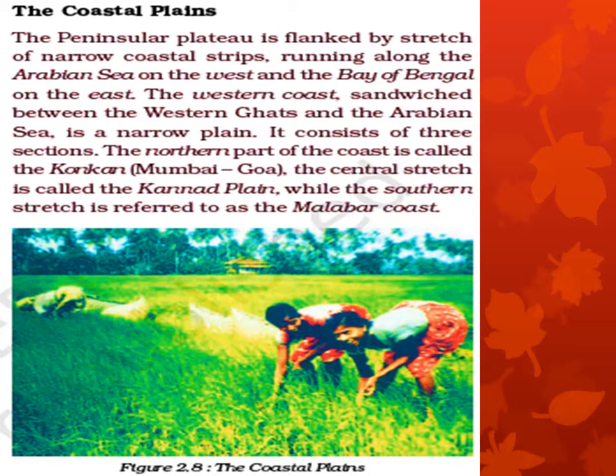The west coast is sandwiched between the Western Ghat and Arabian Sea in a narrow plain, and it consists of three sections. The northern part of the coast is called Konkan, which includes Mumbai and Goa. The central stretch is called the Kannad Plain, and the southern stretch is called the Malabar coast.